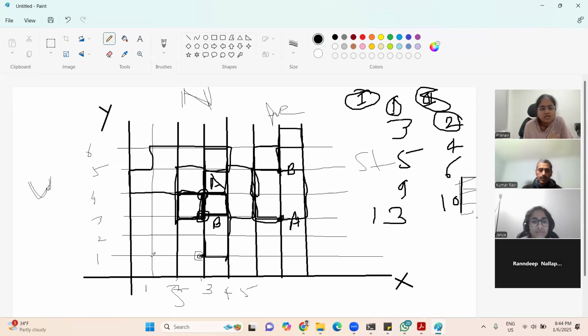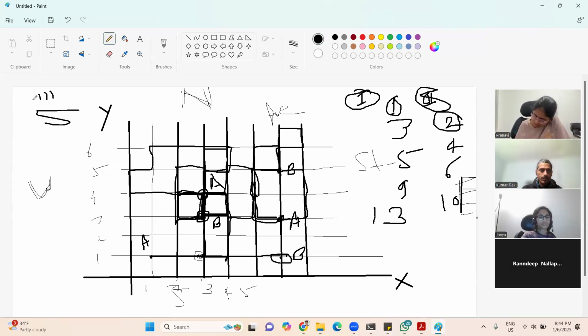Suppose I take some other distance, a distance of 5. 1, 2, 3, 4, 5. A and B. So this is 5 distance, right? So this is the smallest distance, 5. You got it?